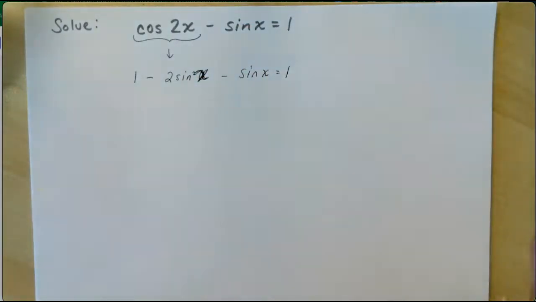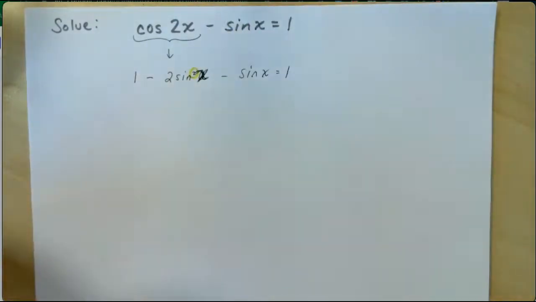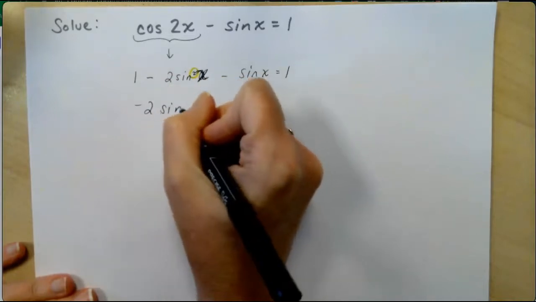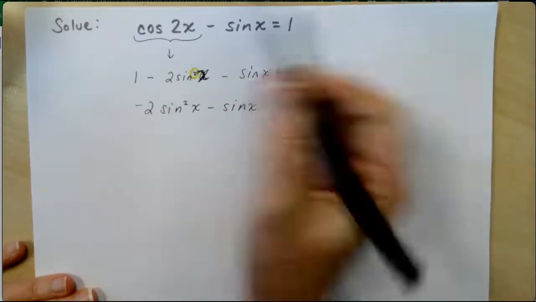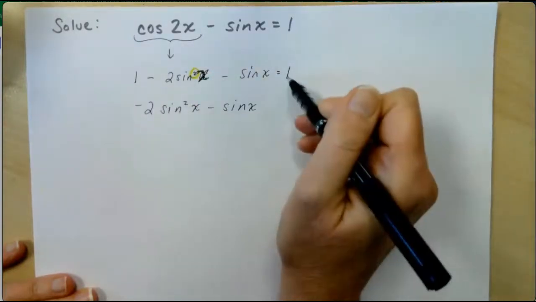Right now as it stands, even though it's poorly written, this is a quadratic. And if we have a quadratic, we need to put it in descending order, set equal to 0. So here we go. We've got negative 2 sine squared x minus sine x. And then, of course, a positive 1 on the right and the left.